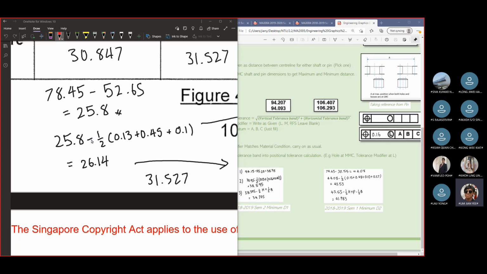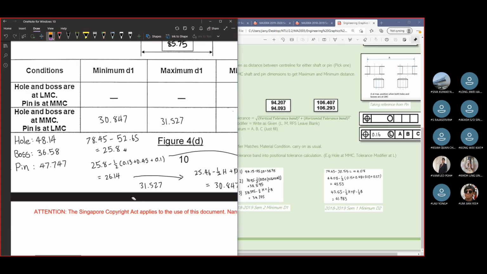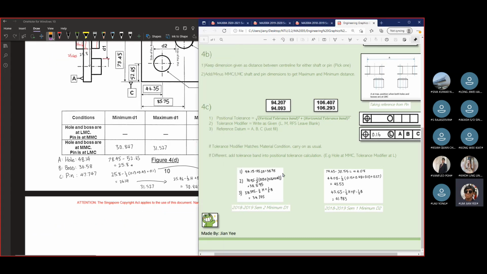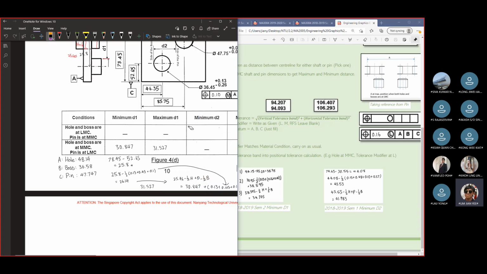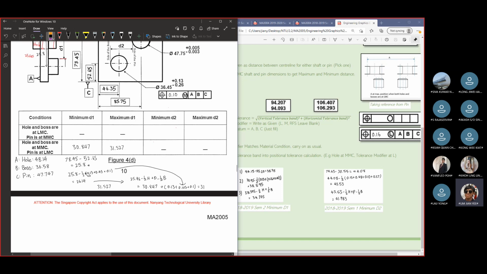This is a shortcut you can use, and I advise you to use it, because this method with the 3 steps was designed so you can do minimum and maximum quickly in between each other. You just add the tolerances without the half. That's the shortcut. The difference is just the tolerance spans. Okay, everyone can understand.